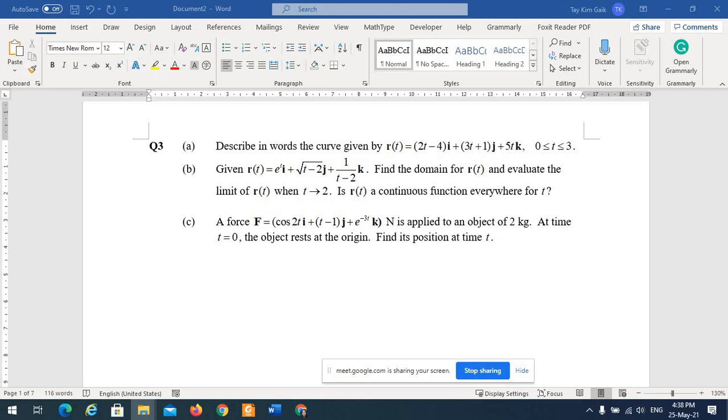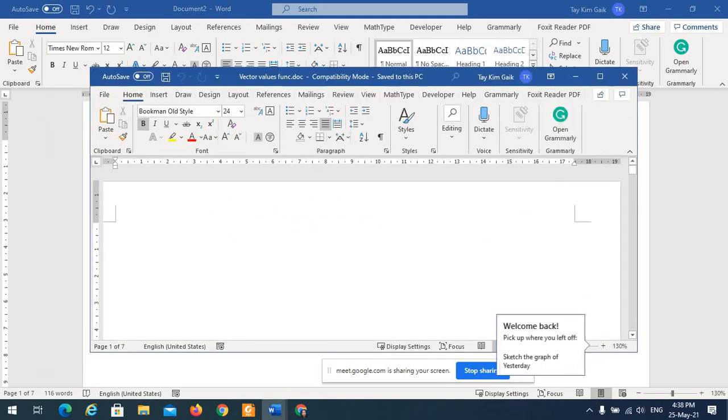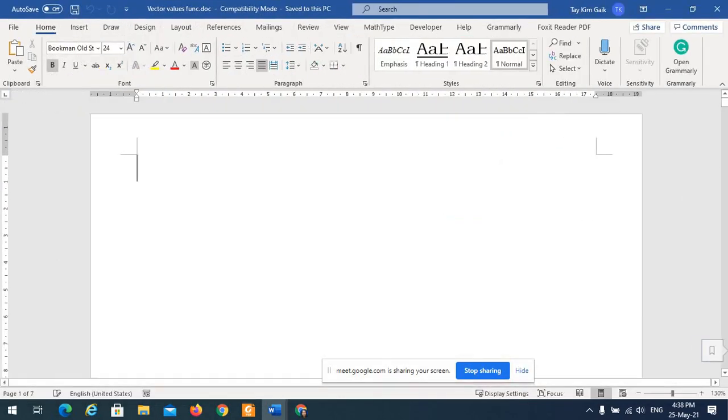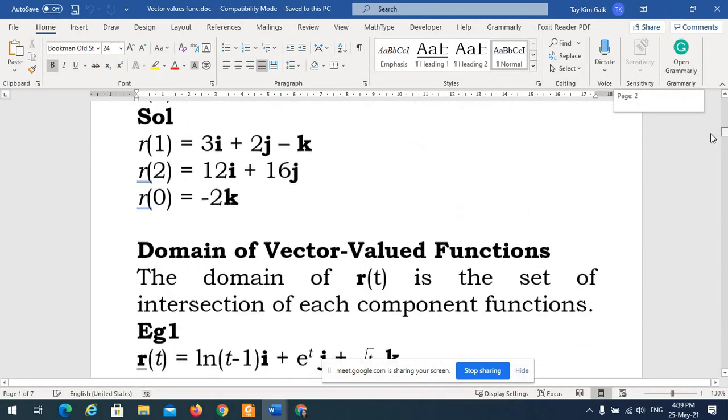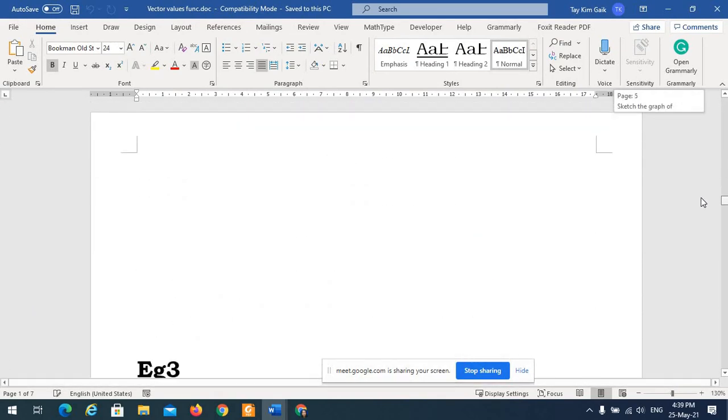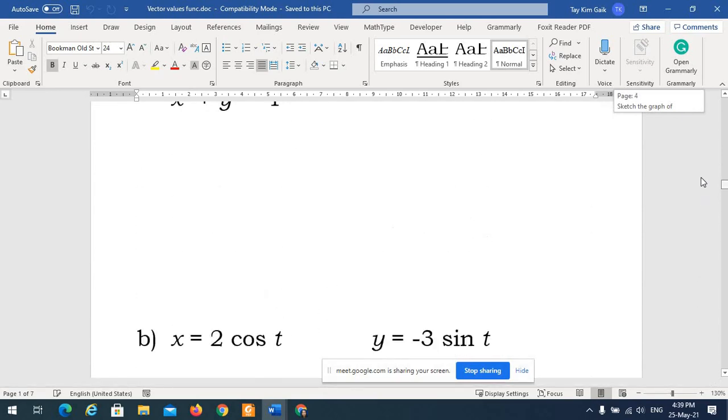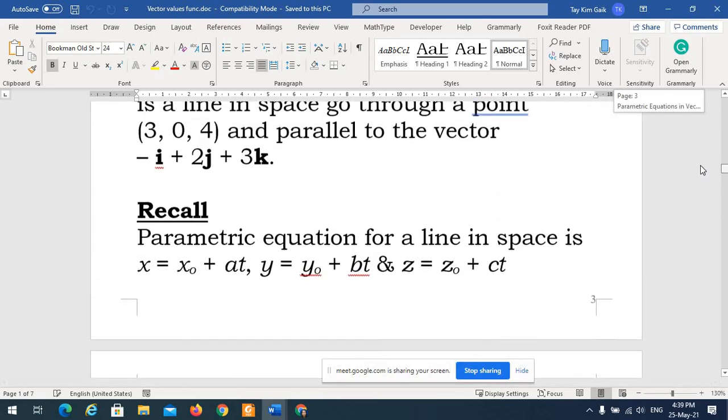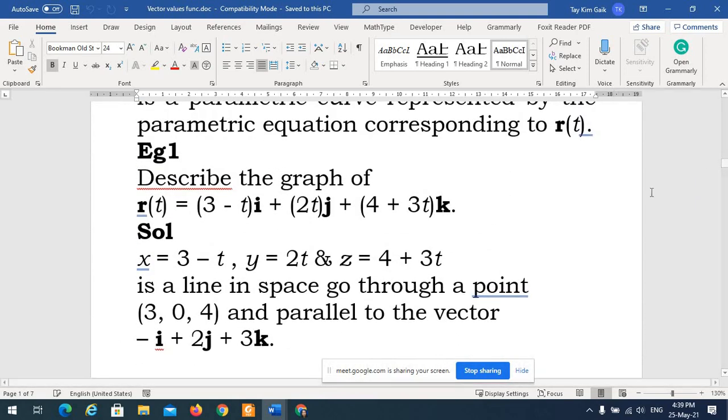The first example is shown before this one. I can show you back. First example: describe the graph of r(t) equal to (3 minus t)i plus 2t j plus (4 plus 3t)k.